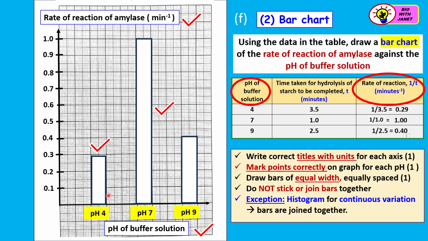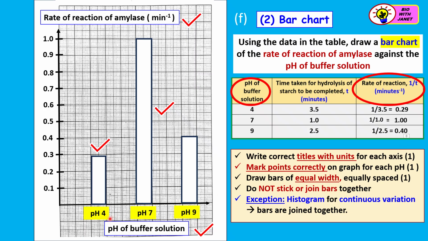The distance between the bars must be the same. And don't stick the bars together. For a bar chart, you don't stick the bars together unless it is a continuous variation where you get a normal distribution curve. But usually the bars don't stick together, or you may lose 1 mark for that.